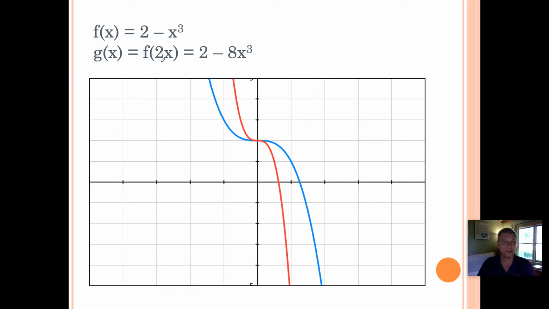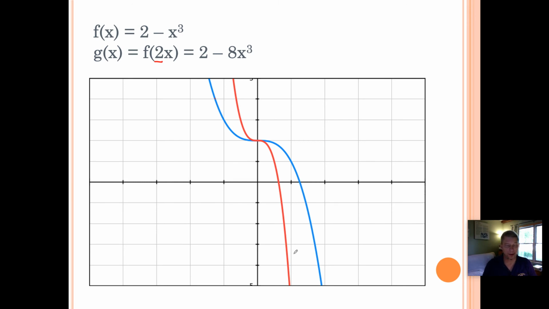That's what this 2 represents. And if you look, everything has moved closer to the y-axis in this case. All the blue has moved closer to the y-axis, to give us the red line in this particular case.